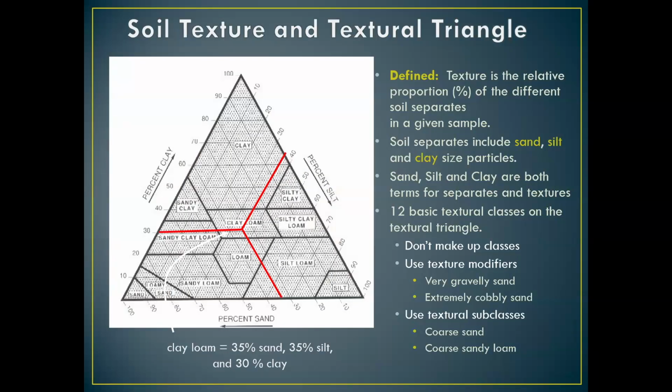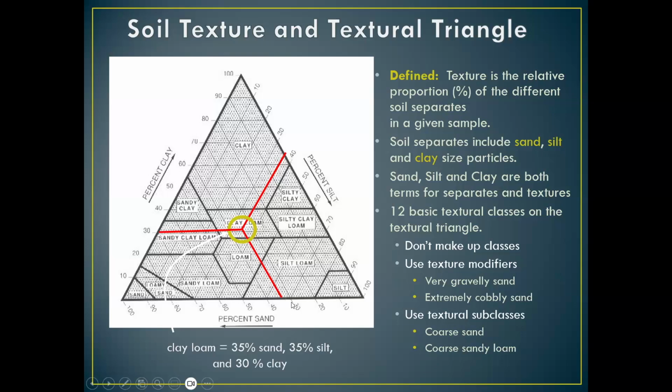So now that we know we have sand, silt, and clay, the soil textures are the relative percentages of sand, silt, and clay particles mixed together. Now, on this textural triangle, for those that haven't read it or want to be familiar with how to read it, silt is down the right hand side, clay is up the left hand side, and sand goes across the bottom. So if we're looking at something that's 35% sand, you can see 10, 20, 30, 35, between the 30 and 40 here, we would run up along this diagonal line.